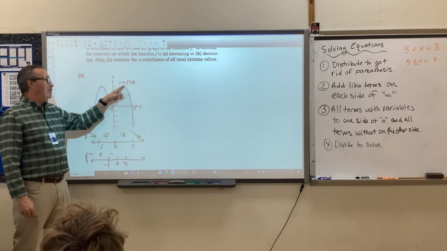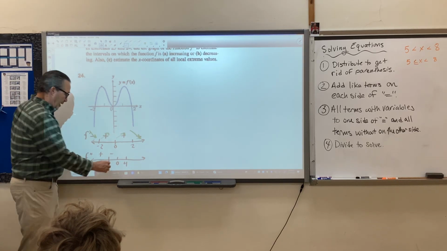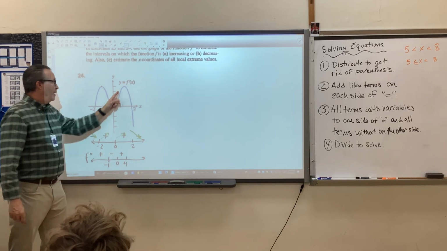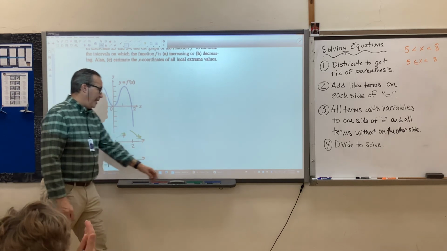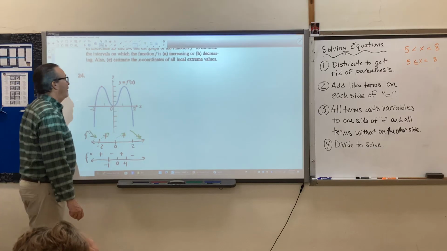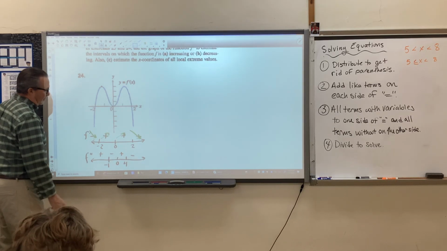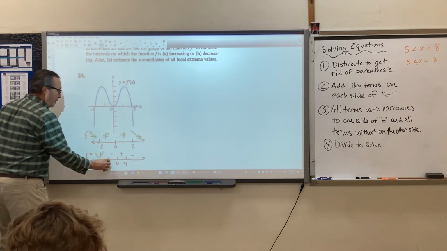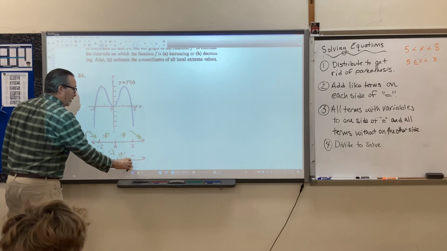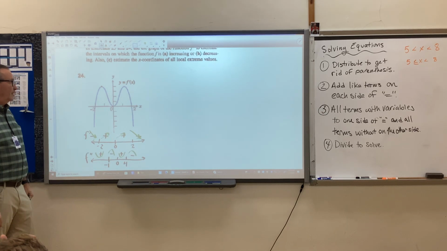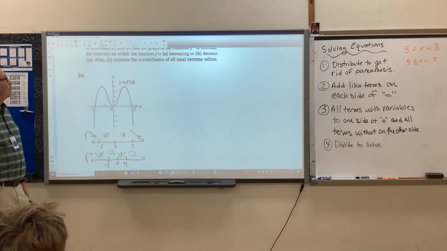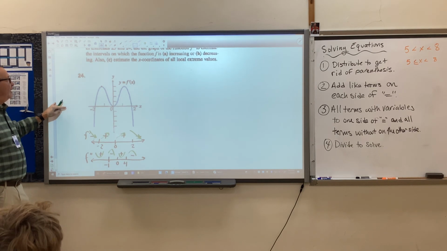From 0 to 1, positive because it increases, and then 1 to infinity, negative. That means f is concave up, then concave down, then concave up, then concave down. So we know everything we need to know.